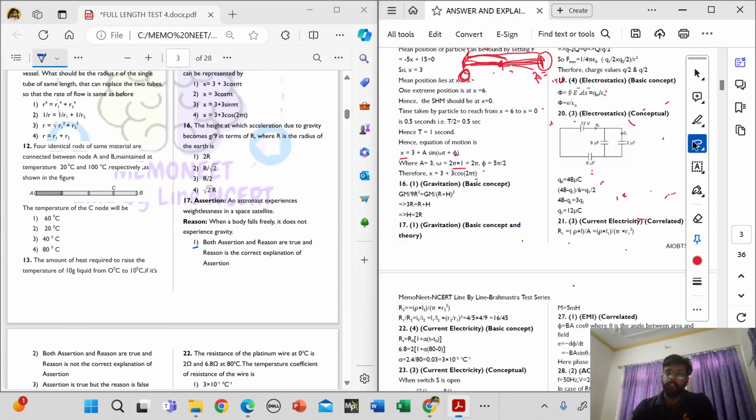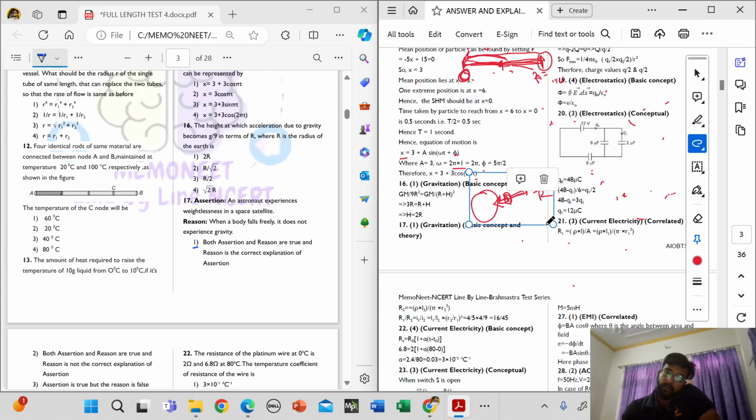Why are these true? When the satellite revolves around the Earth, it has some centripetal force, mv square upon r, that will balance out the gravity. So these forces balance out each other. That's why the astronaut experiences the weightlessness condition.